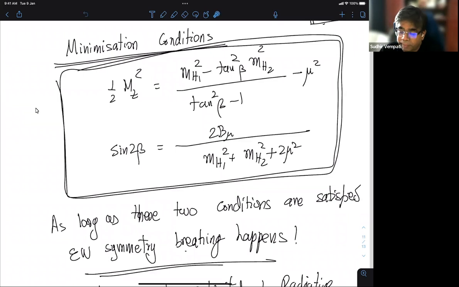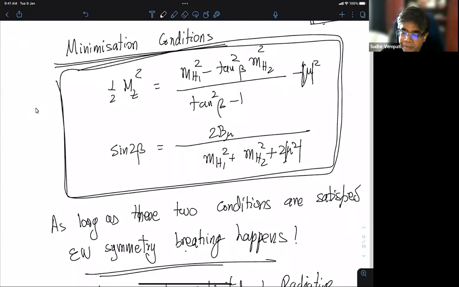As long as you are not considering CP violation, let's keep this to be real. In all these relations, actually, I should be more careful. The one which comes in is mod mu square. So the mod mu square should not be negative.